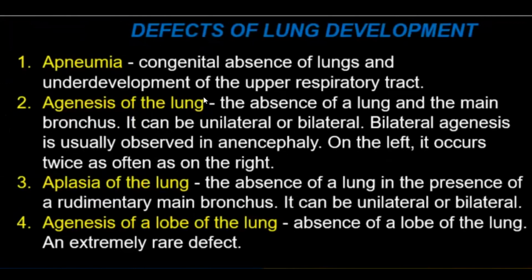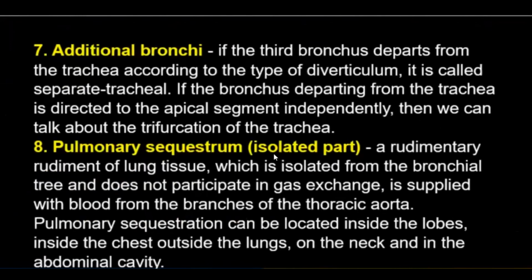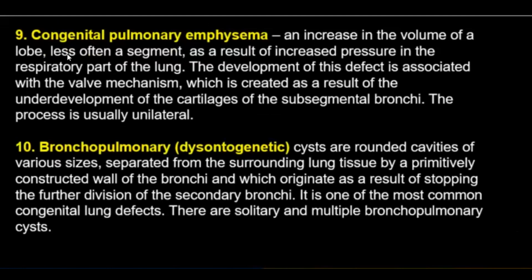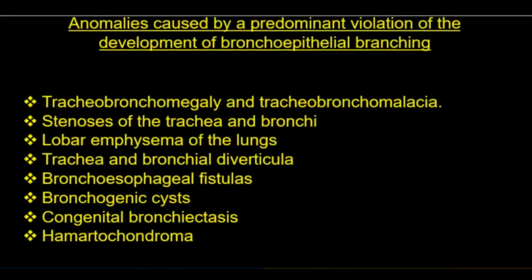And defects of lung development: apnea, agenesis of the lungs, aplasia of the lungs, agenesis of a lobe of the lungs, hypoplasia of the lungs, additional lungs, additional bronchi, pulmonary sequestration, congenital pulmonary emphysema, bronchopulmonary, mirror lung, part of an unpaired vein in the lung, and anomalies caused by predominant violation of the development of bronchoepithelial branching.